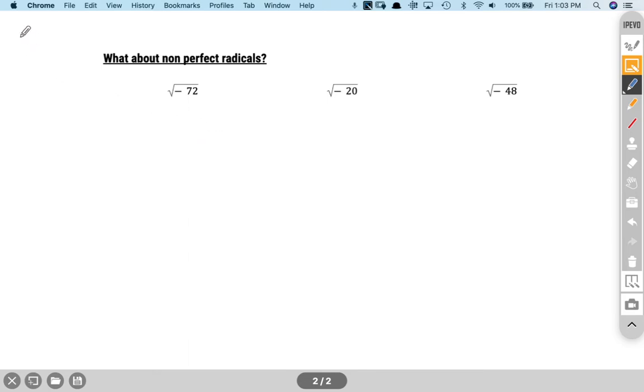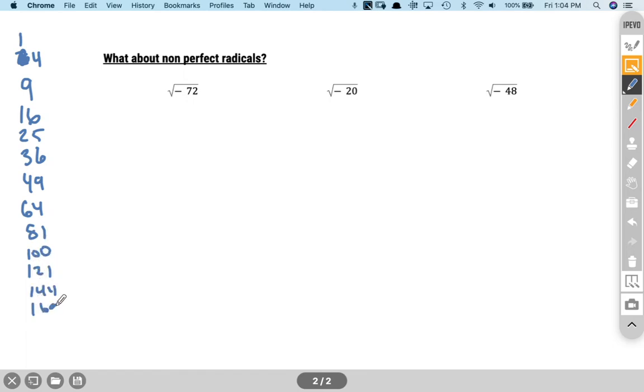Over here, I'm going to write a list of all the perfect squares that we know from 1 to 15 squared: 25, 36, 49, 64, 81, 100, 121, 144, 169, 196, and 225. Now we're going to look for the highest number in this list that goes into 72, in which case it is 36. So I'm going to rewrite it first like this.